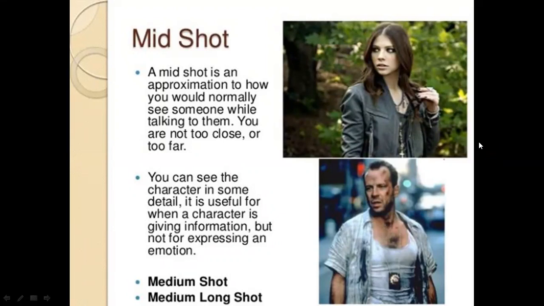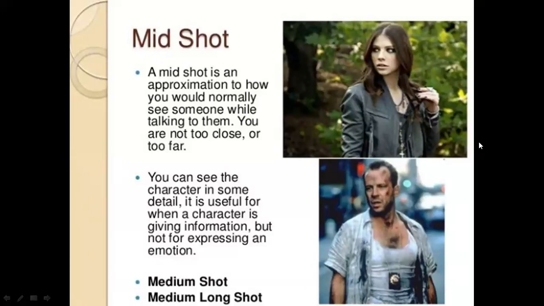A medium shot, also called a mid shot or a waist shot, is a type of camera shot in film and television that shows an actor approximately from the waist up. A medium shot is used to emphasize both the actor and their surroundings by giving them an equal presence on screen.